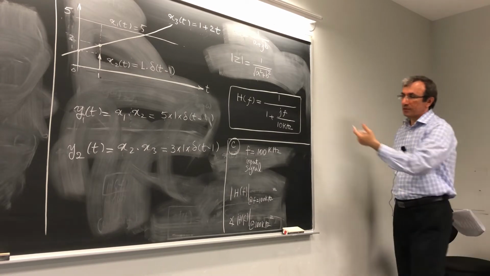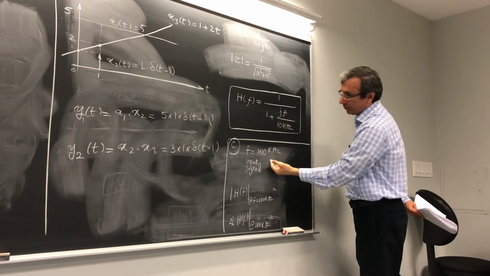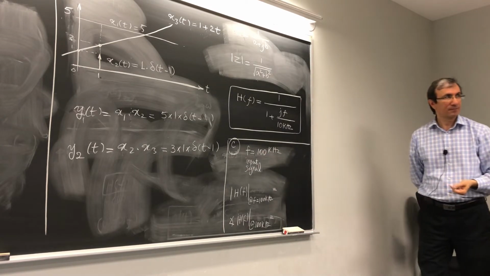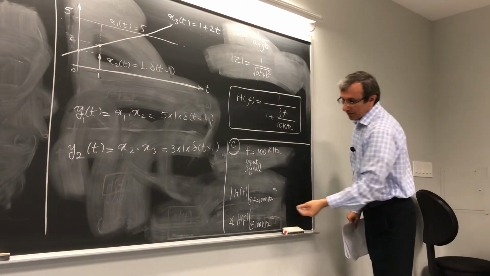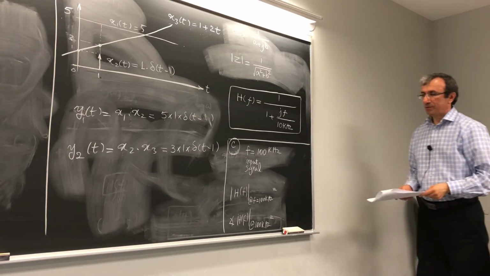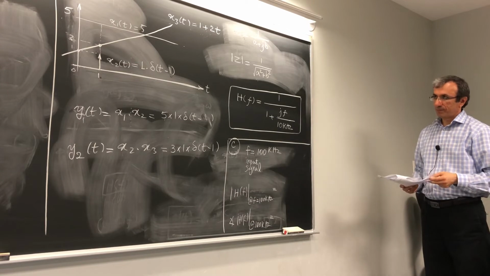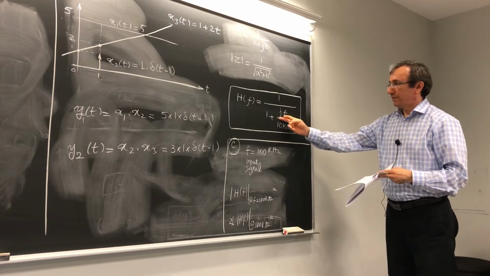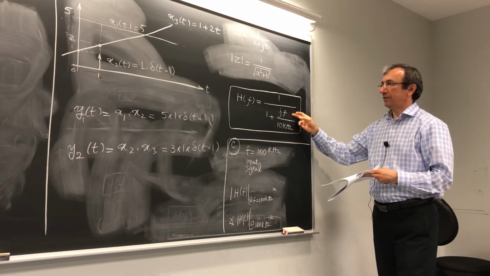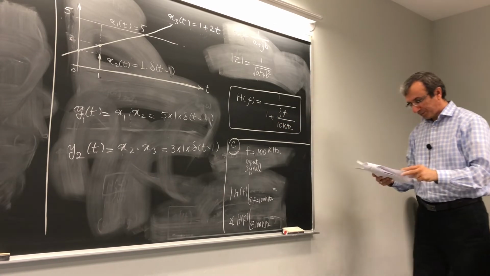The only variable is the frequency, which is going to be replaced with 100 kilohertz. And the same for the phase, which is the tangent inverse of minus f over 10k over 1.